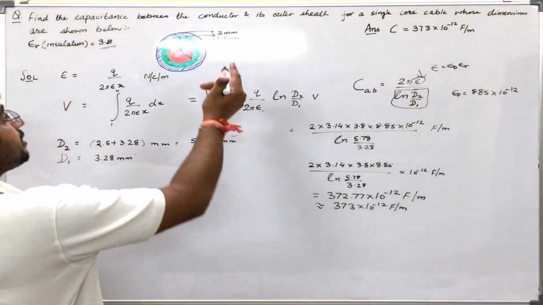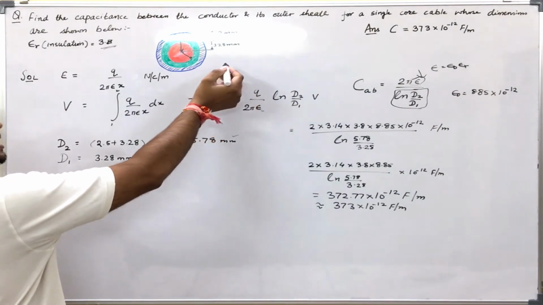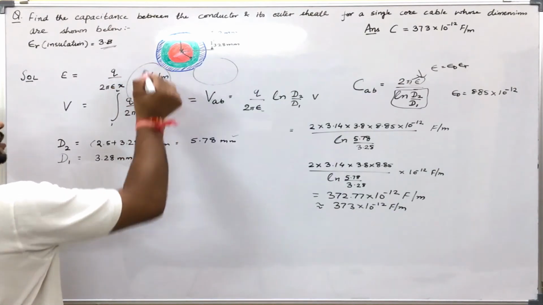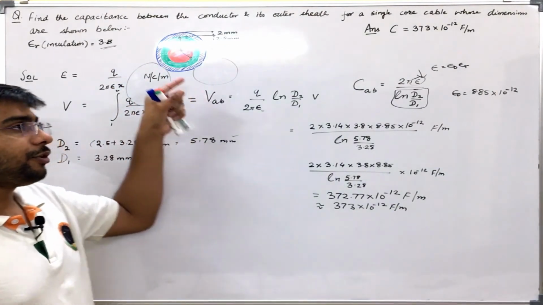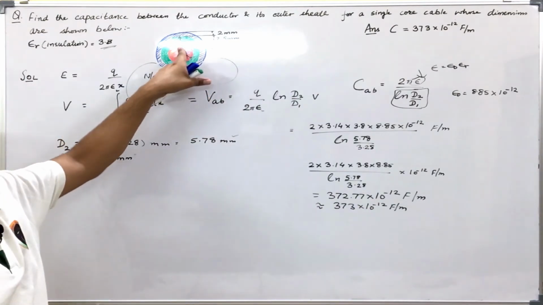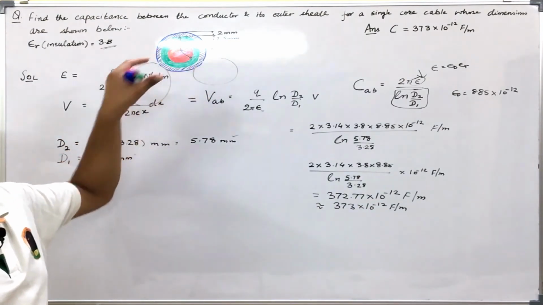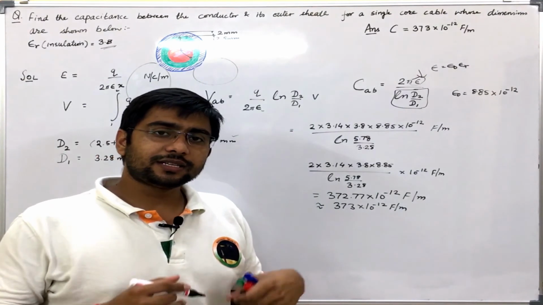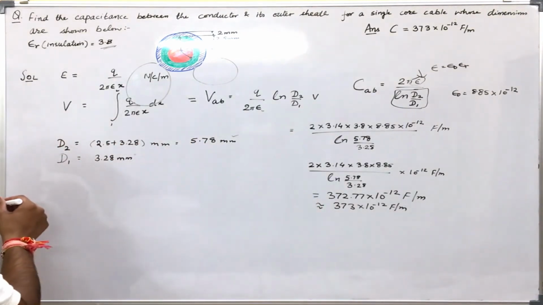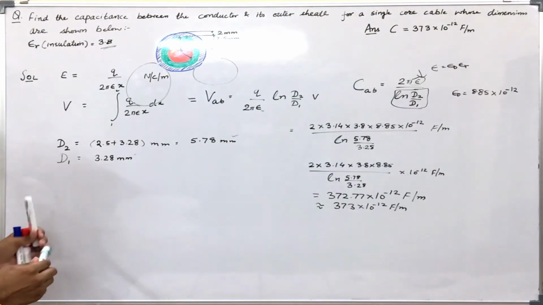Even if we were given some other configuration, let us say 3 cores put in a trefoil formation, we could have used a similar formula to find the capacitance and the potential difference between the various cores, and in that way we could have easily determined the capacitance of the cable from the very basic formula of electric field.